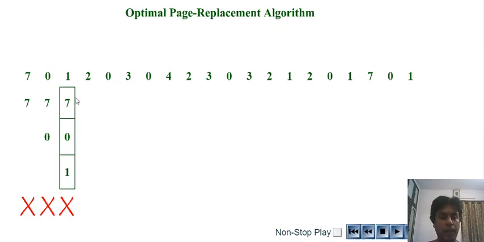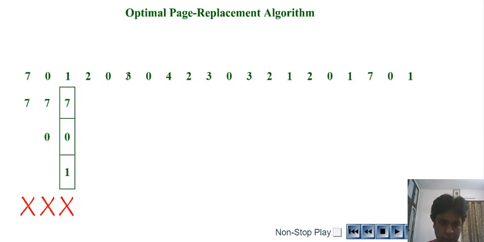If I want to replace either 7, 0 or 1, I need to check whose demand is going to be least in the future, right? If you can see, 0 is the page which I will be requiring very soon. So there is no need to swap out 0 from memory. Instead, it is a good idea to keep 0 inside one of the frames of the memory. So replacing 0 is not a good option.